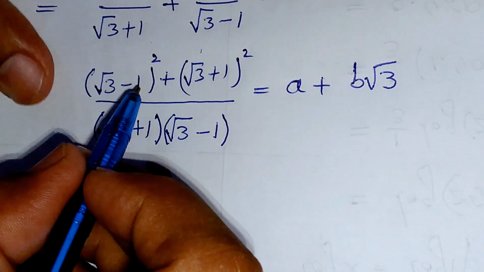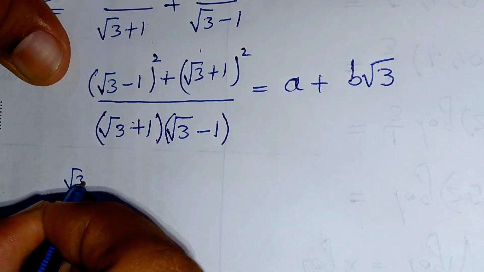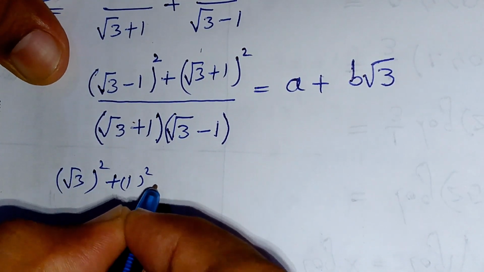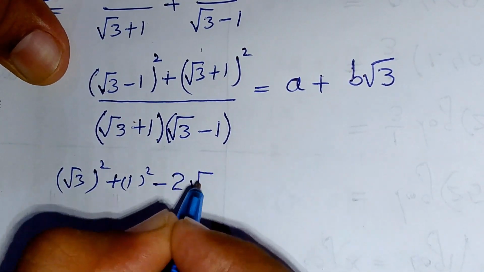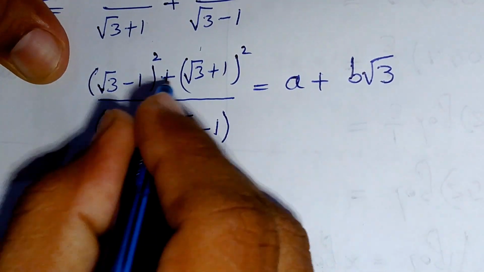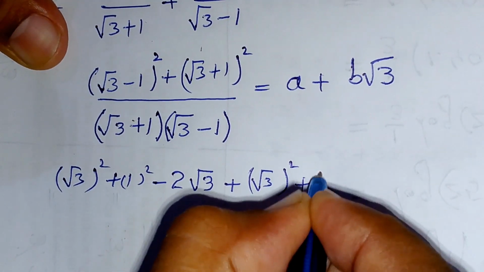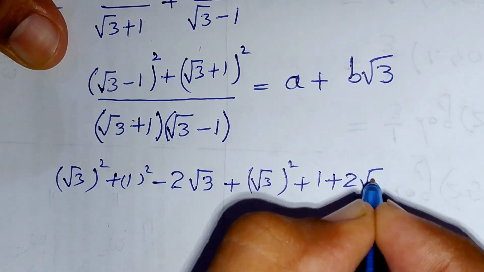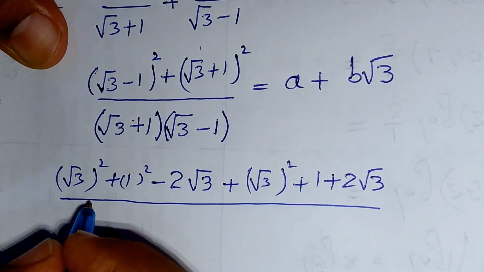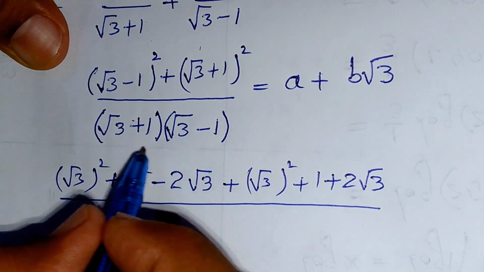Now by expanding these squares, it will give us under root 3 whole square plus 1 square minus 2 under root 3, and same is here, plus under root 3 whole square plus 1 plus 2 under root 3, and divided by, this will become, look here, under root 3 plus 1 under root 3 minus 1.